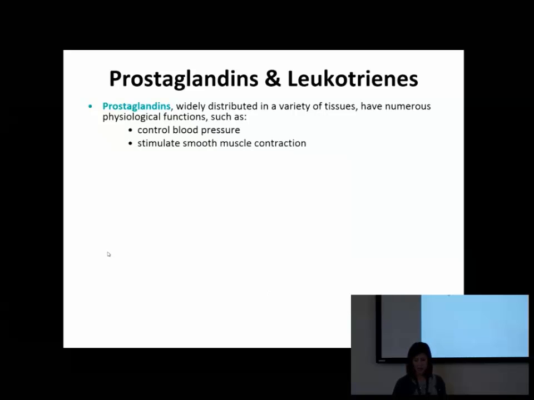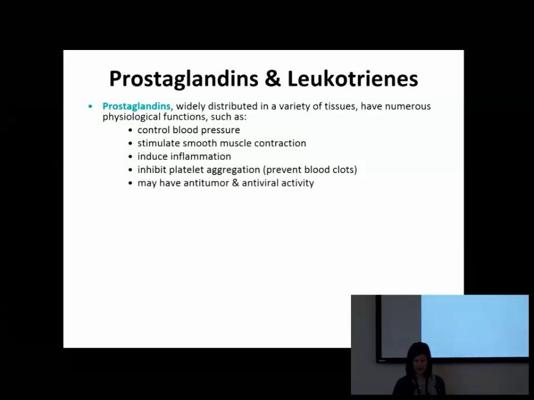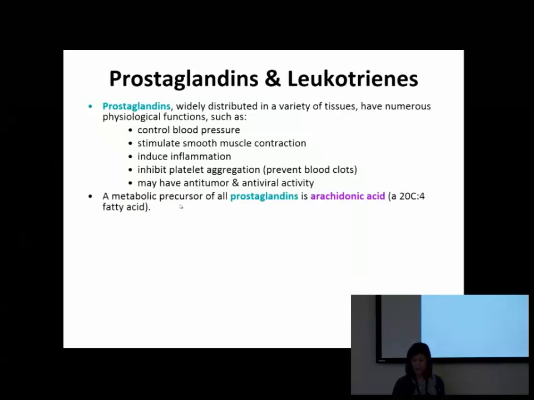So what is it? It comes from arachidonic acid, which is 20 carbons. What does this 4 mean? 20 carbons. What does that 4 mean? How many double bonds it has, right?